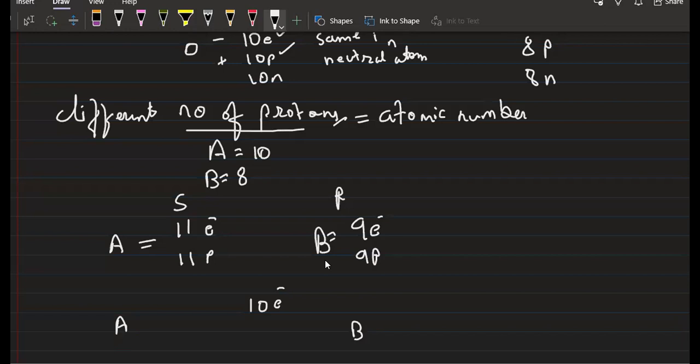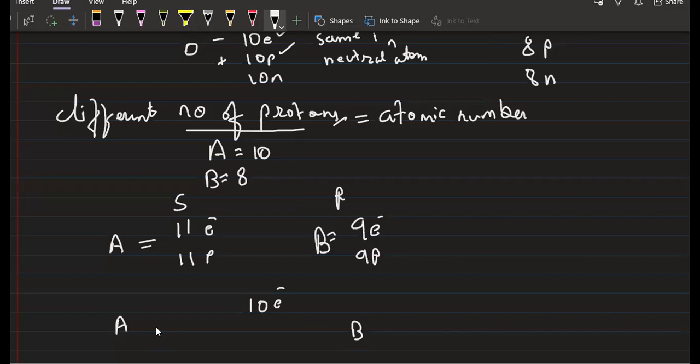What will happen? Yes, very good. So Shravya will give one electron to Ragini, right? As simple as that. So A will give one electron to B. So A will lose one electron and B will gain one electron.